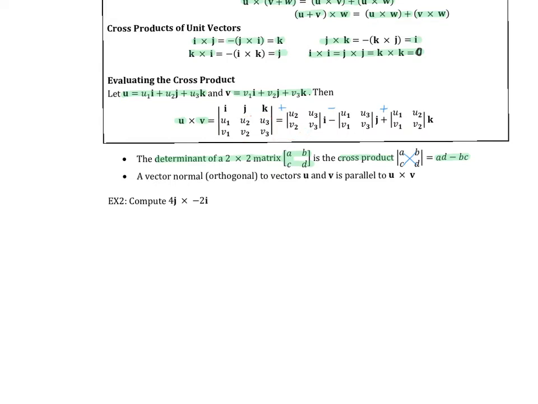To figure out the coefficient on our j vector, we simply block out the j column, and what remains is going to be our u sub 1, u sub 3, v sub 1, v sub 3.